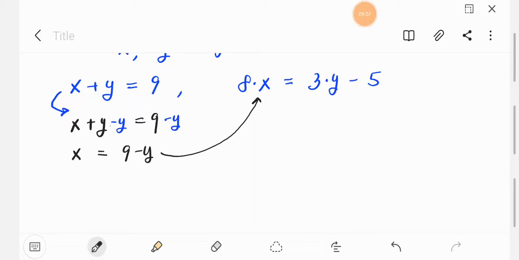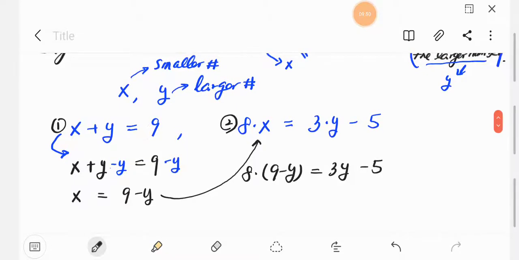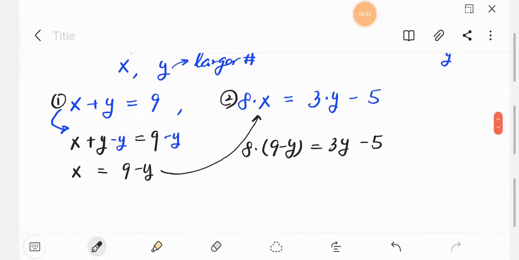Okay, so we have two equations. One is this, the second equation is this. So I'm going to replace this x with the expression in terms of y. So 8 times x is what? 9 minus y, right? And then this is 3y minus 5. This can be a little confusing because there are two variables and two equations.